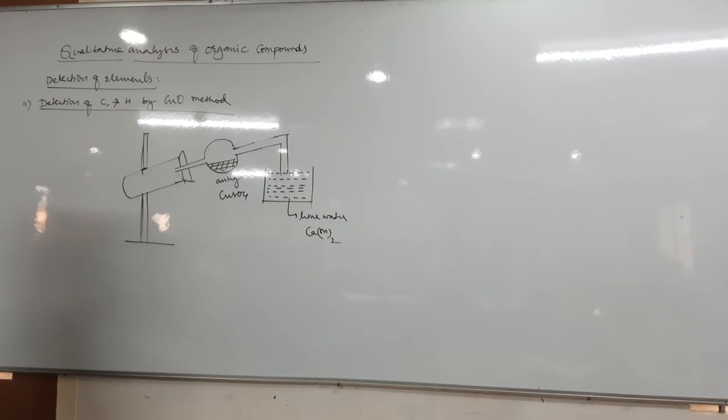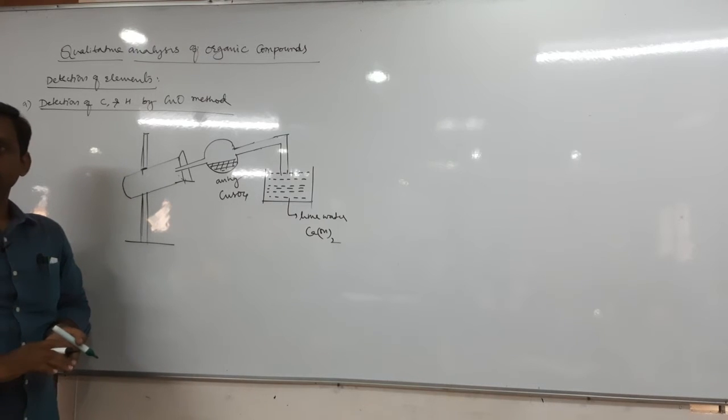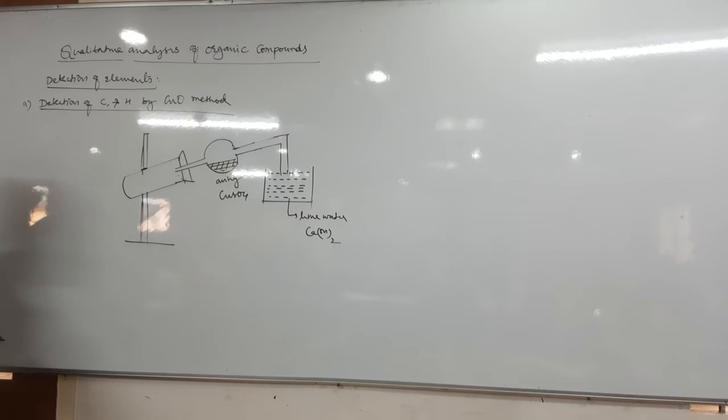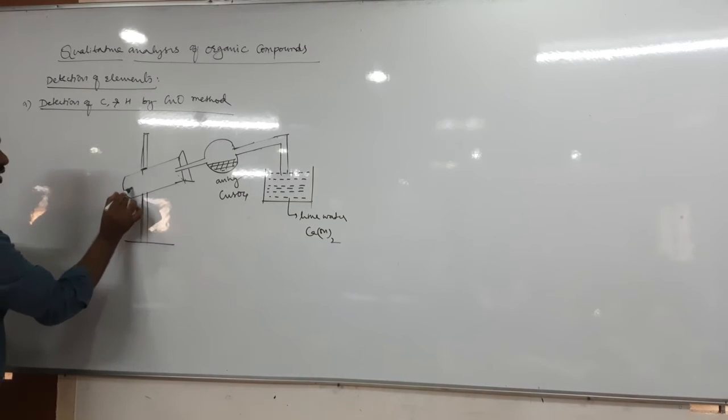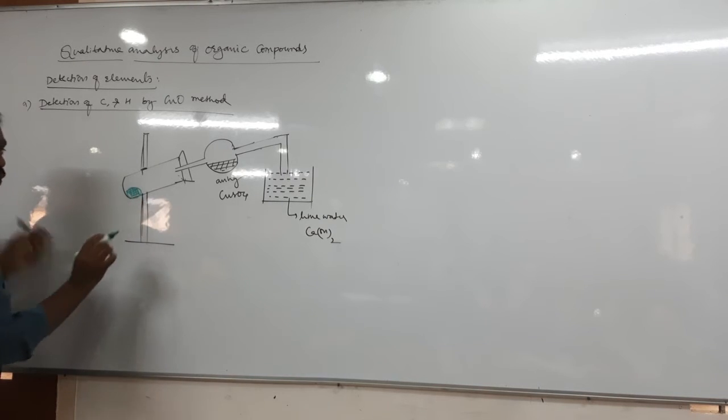This is the experimental setup. In this method, a pure and dry organic compound is taken in a dry test tube. This is the organic compound, it should be pure and dry.